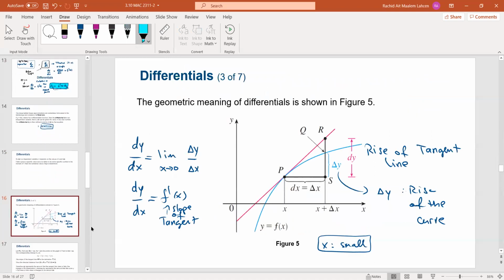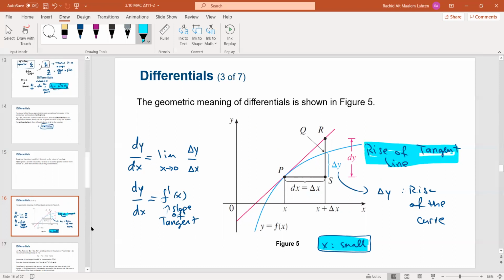We talked in the past about how dy dx is taking the limit of that slope as delta x approaches 0, making delta x small, and how dy dx became the slope of a tangent line, and how the slope of the tangent line became the derivative. So now, to make it simple and not to confuse, keep in mind dy is the rise of the tangent line.